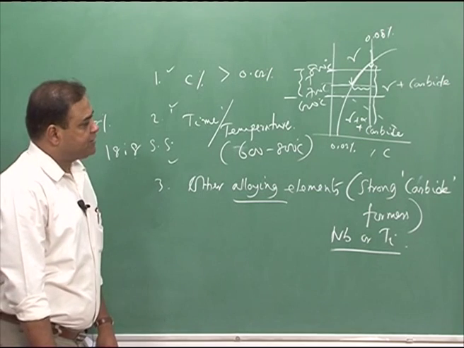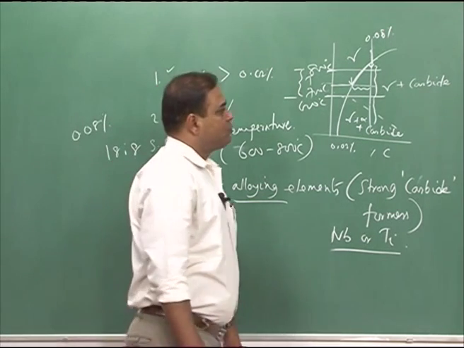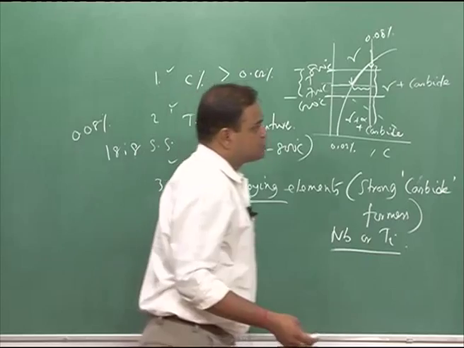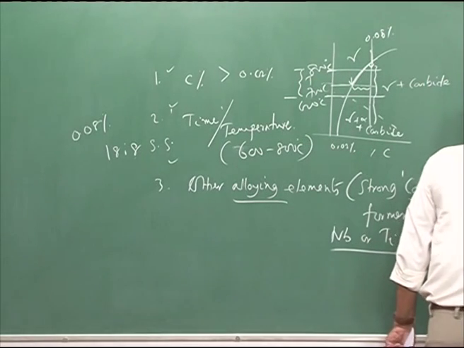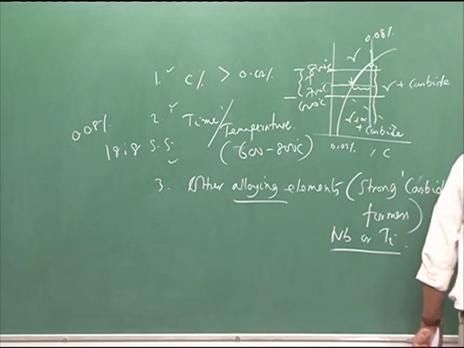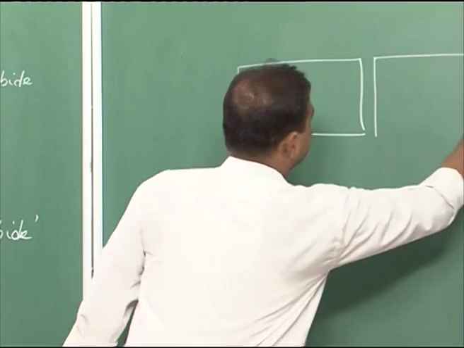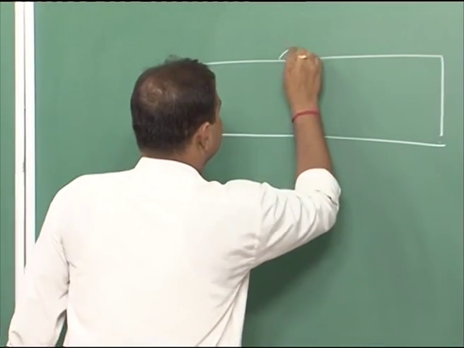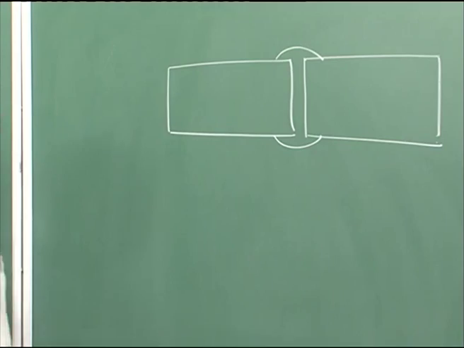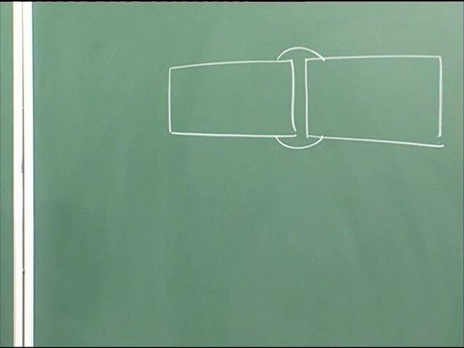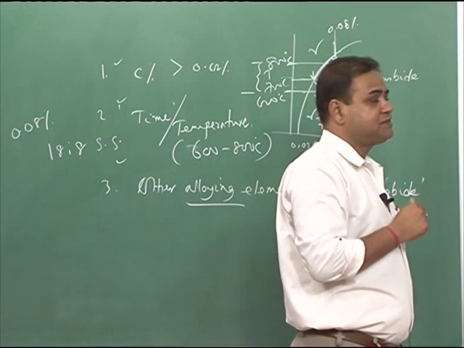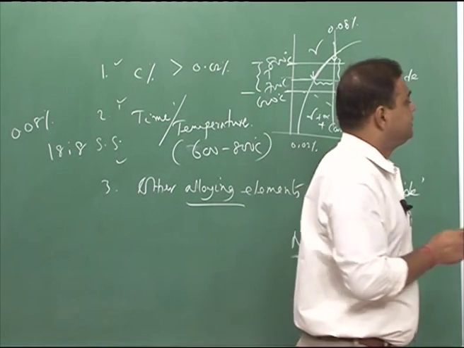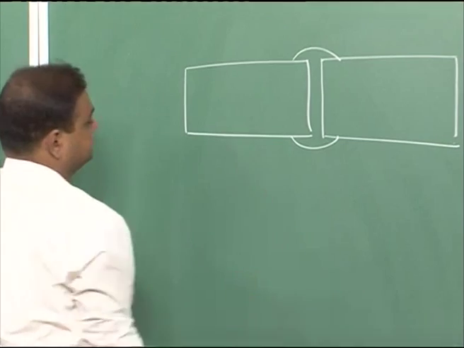Whenever we have two stainless steel blocks and I need to weld in this zone, we have to raise the temperature to more than 1650 or 1700 degrees Celsius in order to melt this local zone.